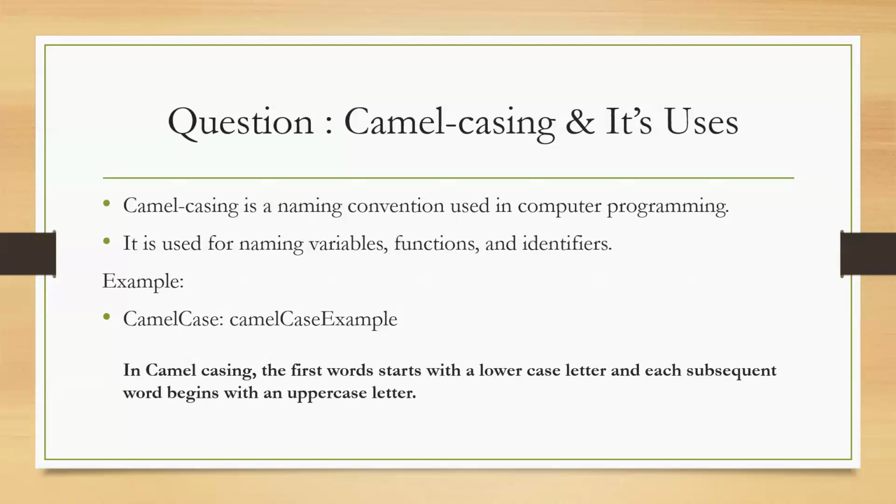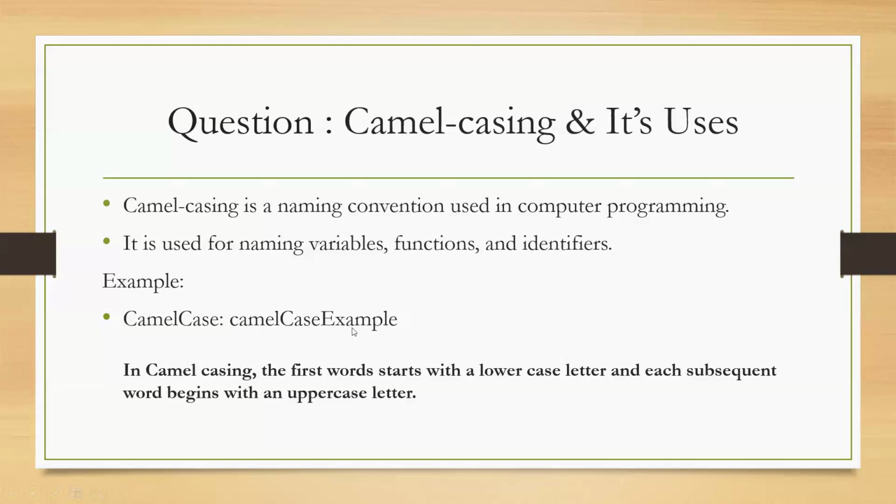So it is mainly used in programming languages, guys, when you're giving some instruction or functions or naming some variables, you'll be using this camel casing. Coming to camel casing, whatever the naming conventions or the functions you are giving, every time the first word starts with a lowercase letter and each subsequent word begins with an uppercase letter.